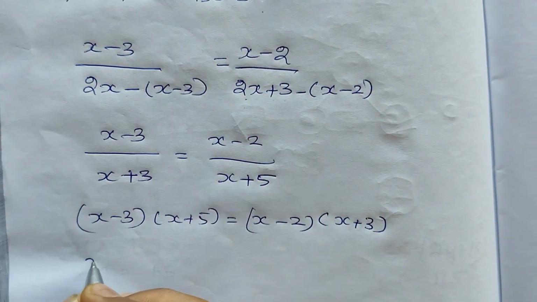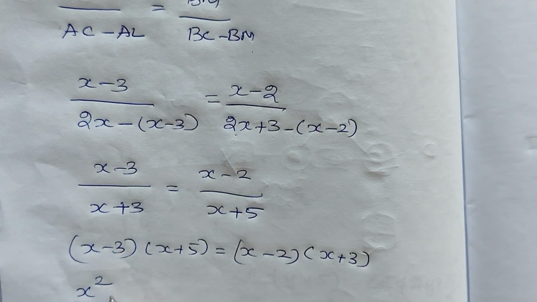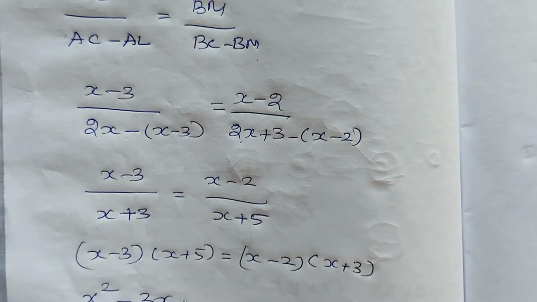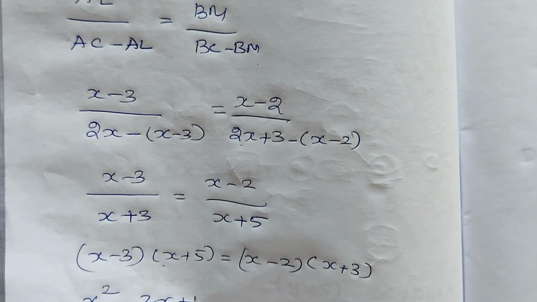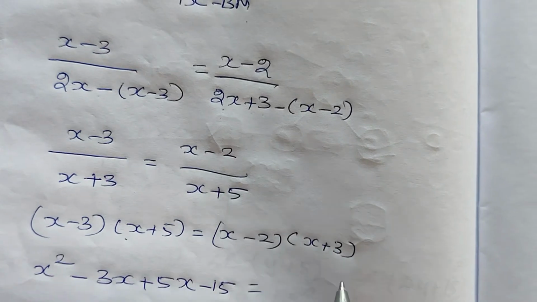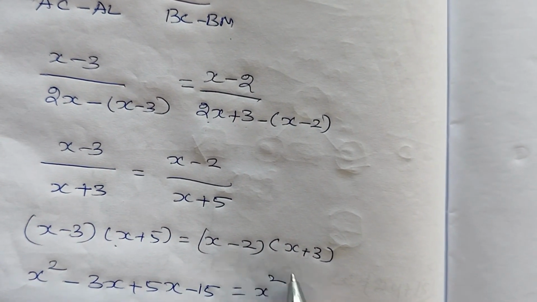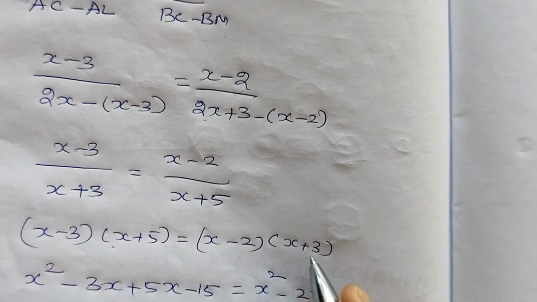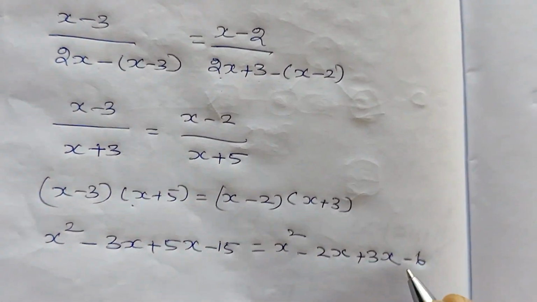So what do you get? x square minus 3x plus 5x minus 15 equals x square minus 2x plus 3x minus 6.